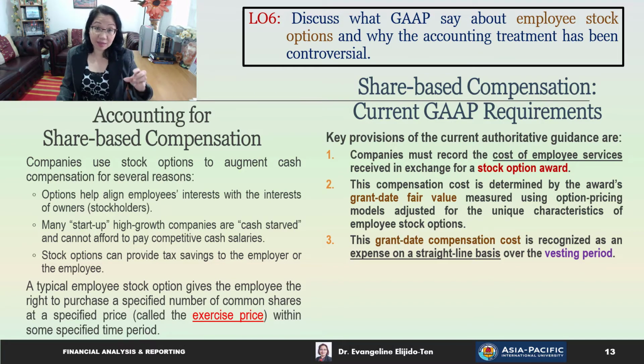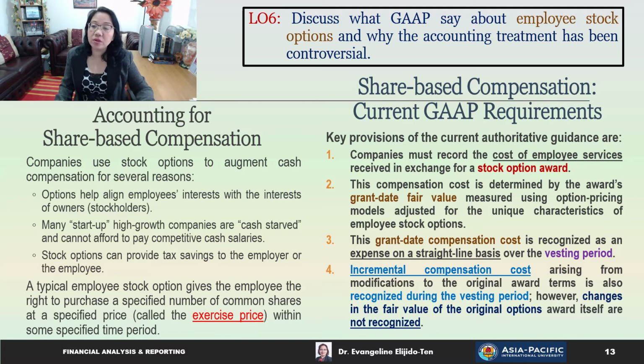So let's look at the third requirement. The grant date compensation cost must also be recognized, and it must be expensed using a straight-line basis over the vesting period. You'll see what the vesting period looks like when we go to the example.